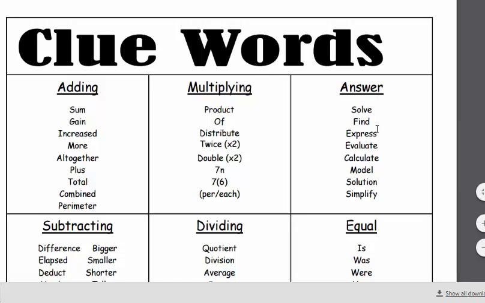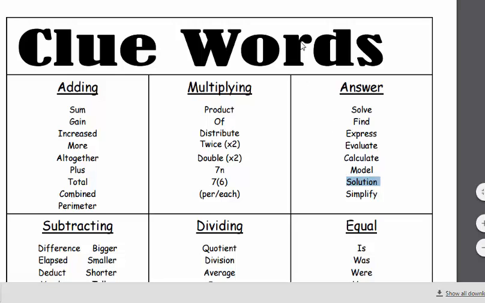Answer, this means we're going to actually give an answer. Solve, find, express, evaluate, calculate, model, solution, simplify. Now, solve and solution refer to equations. Find, express, evaluate, calculate, model, and simplify is not when we find x equals some number.